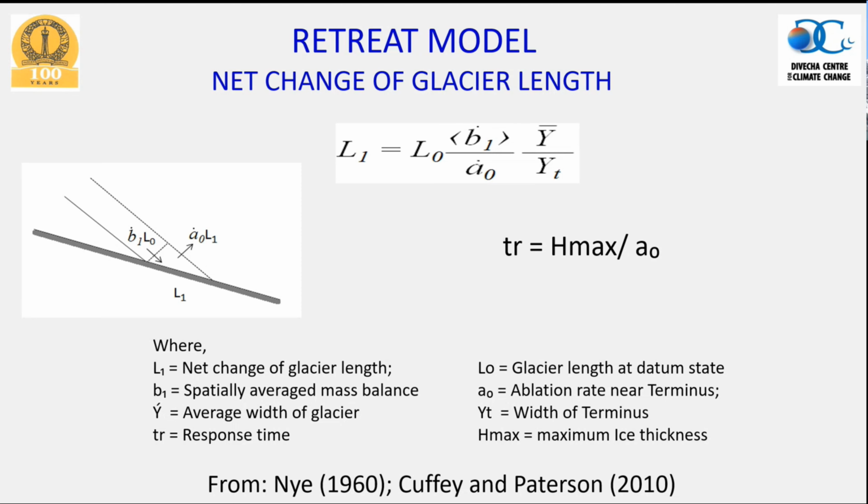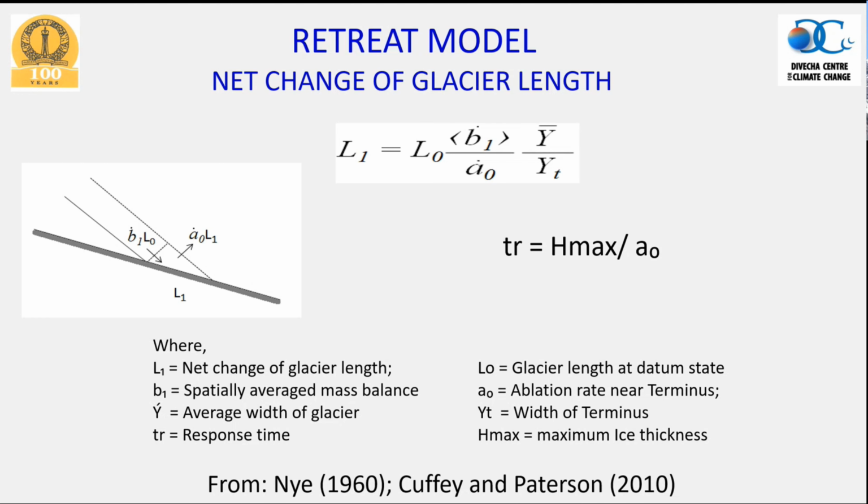If you solve this equation and say that with this mass balance the glacier will retreat by 10 meters, its response will take place at TR time. TR means a response time, where it is H maximum, that means maximum ice thickness, divided by the ablation rate of the terminus. That is the response time.